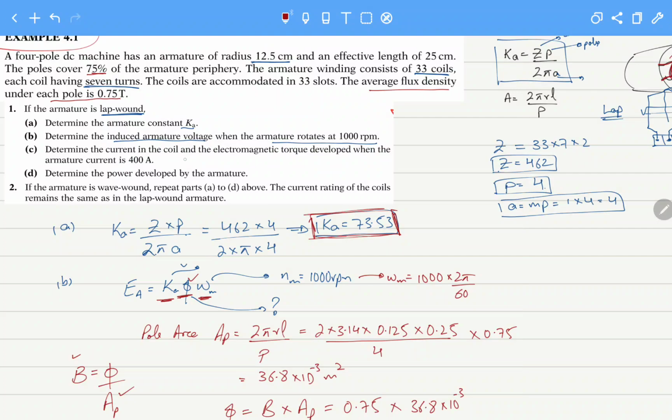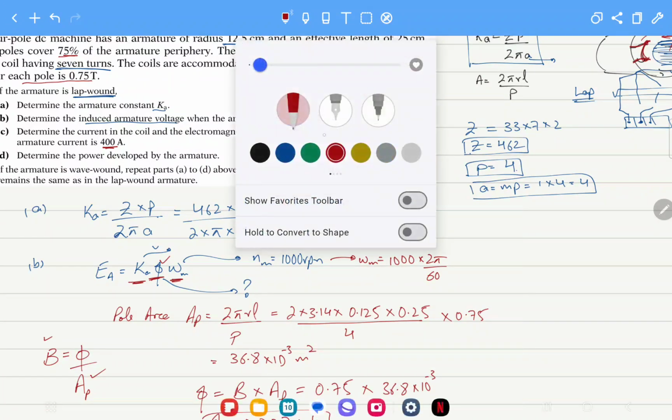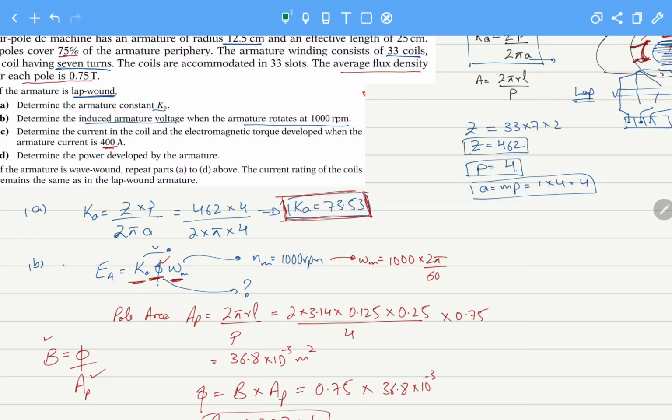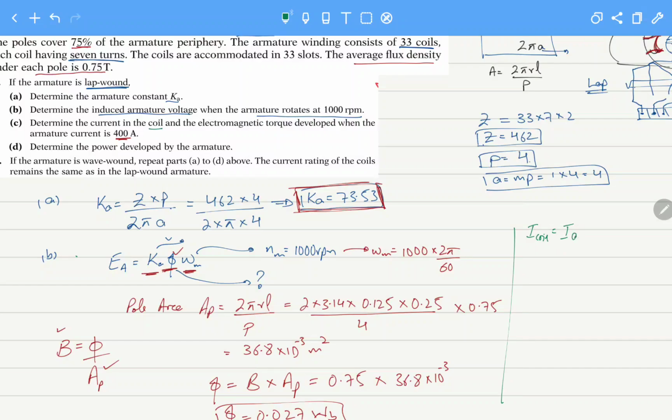Determine the current in the coil and the electromagnetic torque developed when the armature current is 400 amperes. So for part C, determine the current in the coil and the electromagnetic torque. The current in the coil for our machine is given as I coil equals the total armature current divided by A. And A is the one that we have calculated.